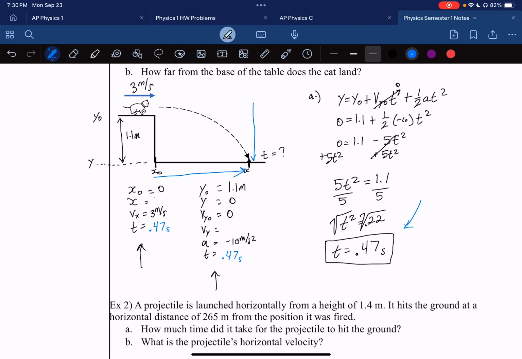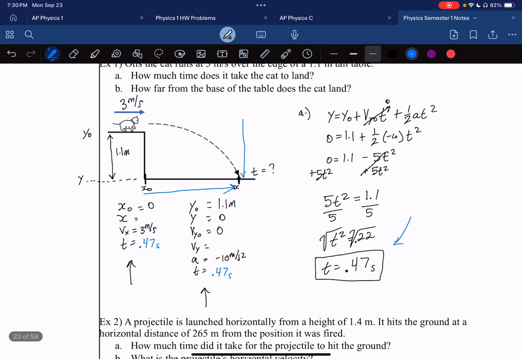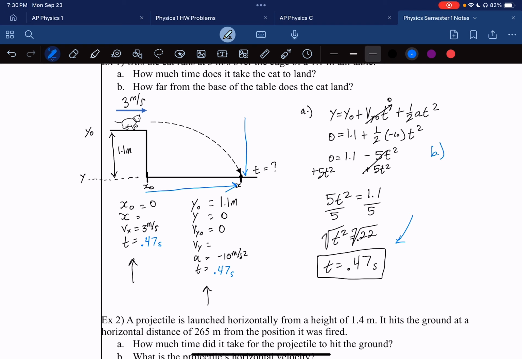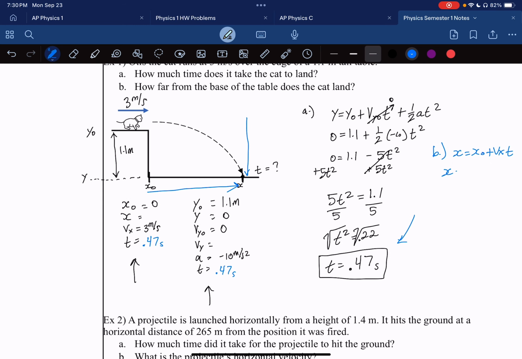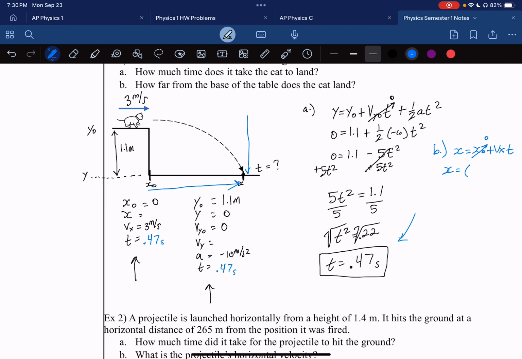And look, now we have 3 out of the 4 variables to solve for x. So I'll do my work right here. The only equation horizontally, which is on the previous page, is x equals x naught plus vxt. vx is 3, the speed of the cat, and the time was 0.47.